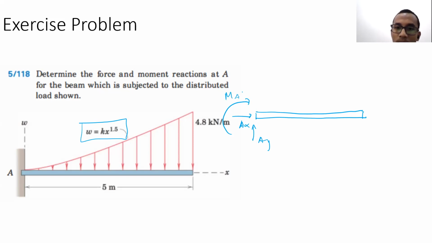But the most difficult part is to find the value of R and its location, X bar. Your job is just to find the value of R and X bar here.